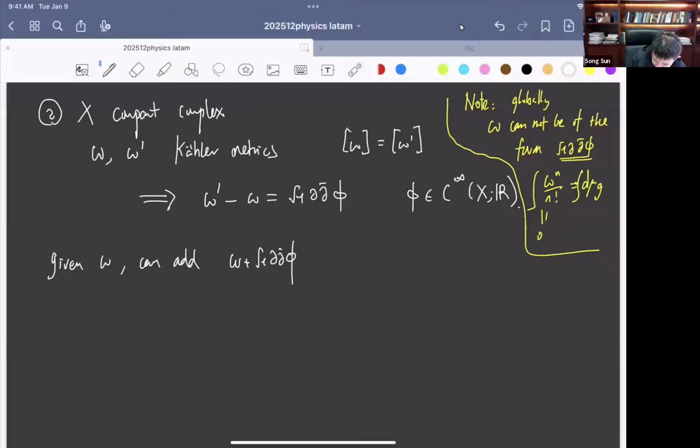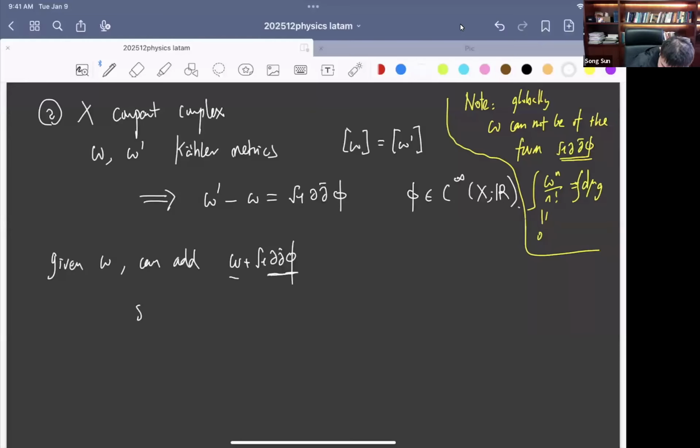But if you want it to be a Kähler metric, you need some positivity. If you write omega as square root of minus 1 partial partial bar of psi locally, you want psi plus phi to have some positivity. But if phi is small, such that its derivatives are also small compared to omega, then you still get a Kähler form.